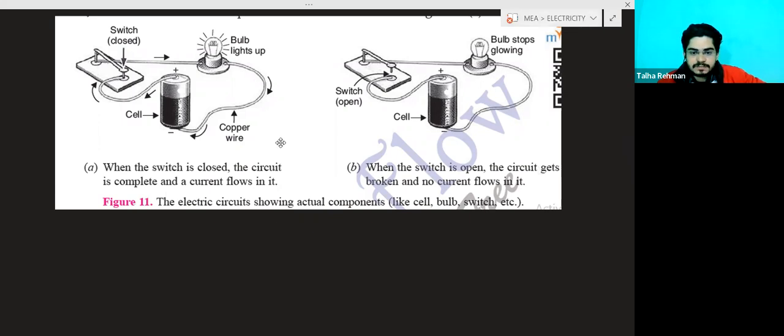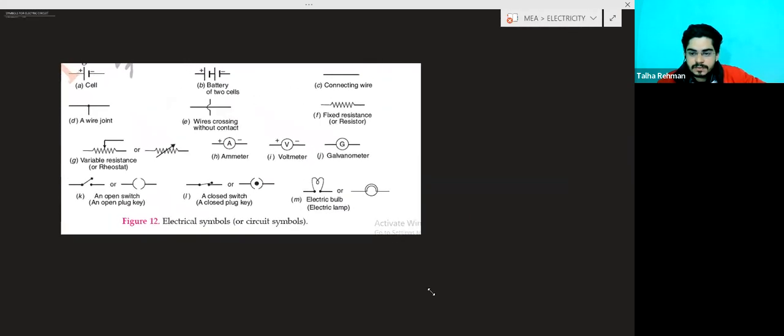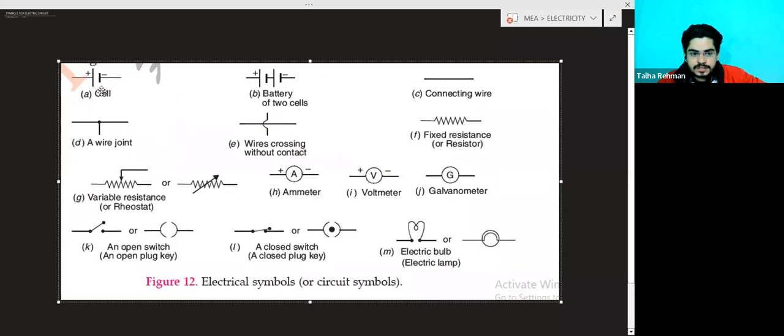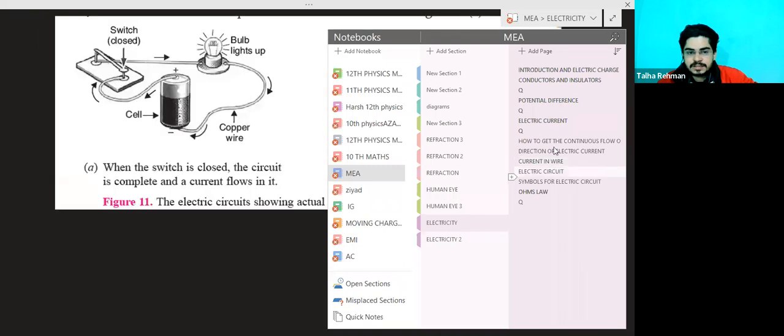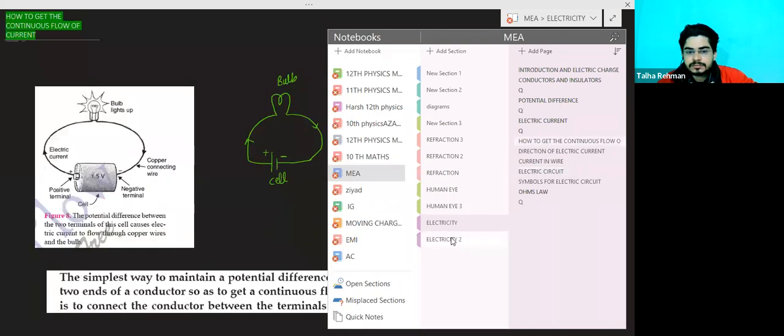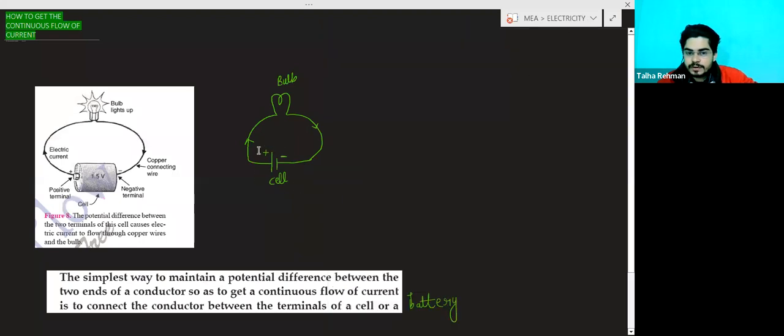So these are some symbols. This is the symbol of a cell. I already drew it here when we were discussing. You can see the symbol of a cell. We will not draw the cell itself, we will only draw the symbol.